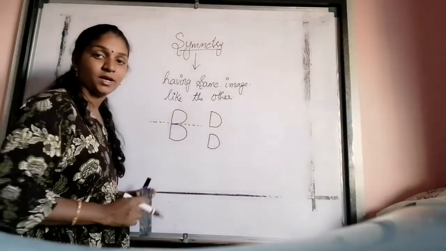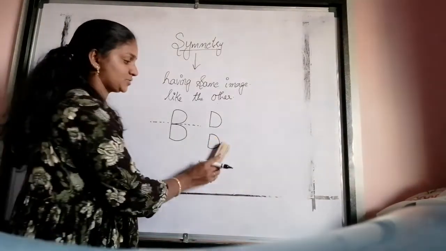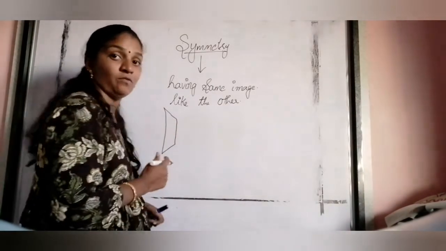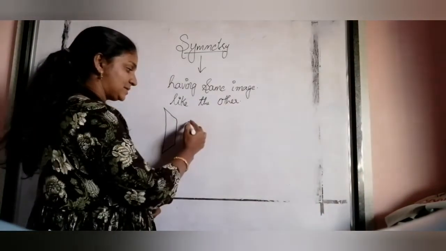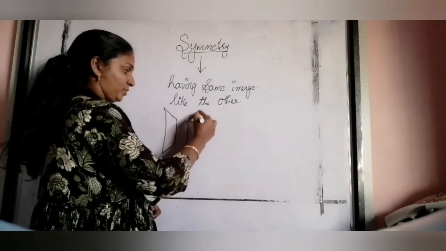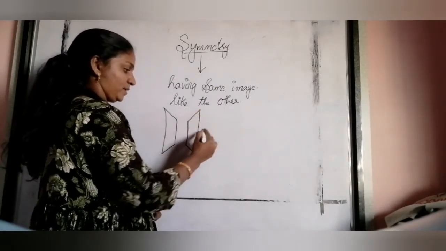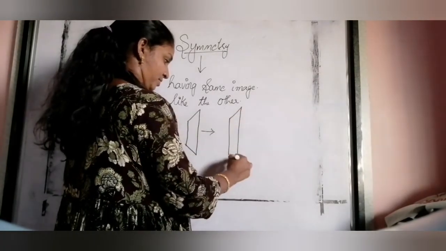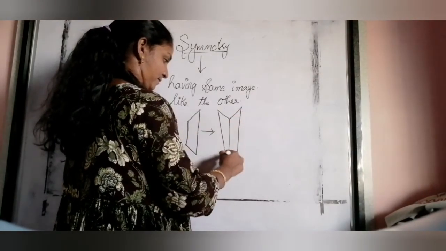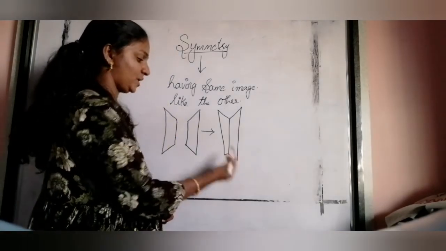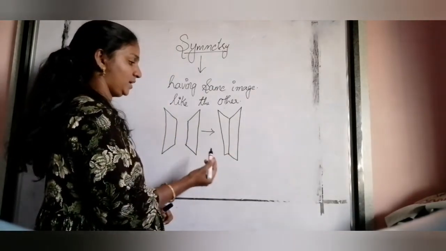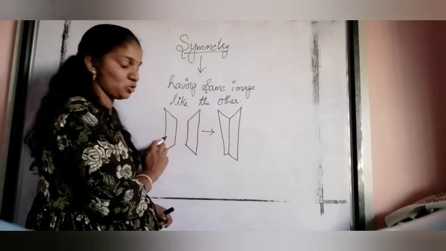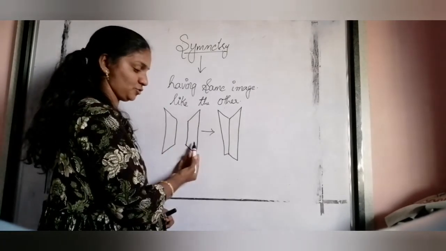So B can also have symmetry. If this is one image, what will be the symmetrical image of this? The symmetrical image of this is this. If the question is given like this, draw a symmetrical image of this part, then you have to draw like this.